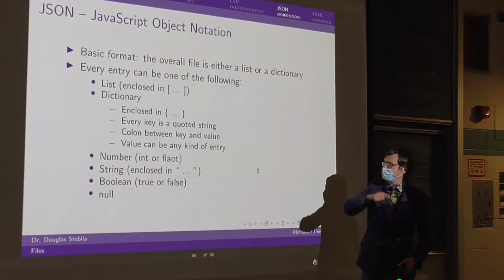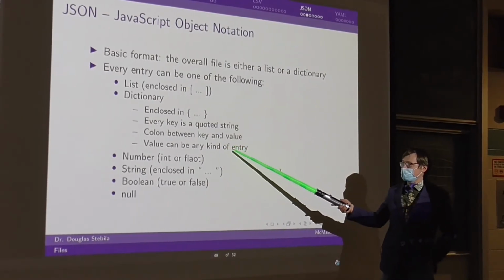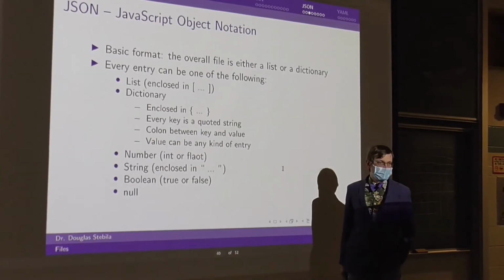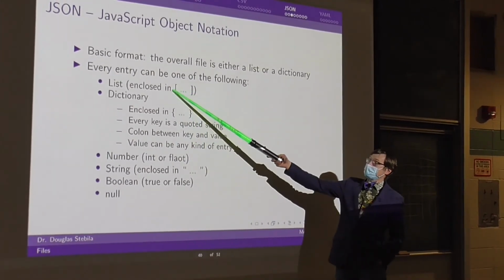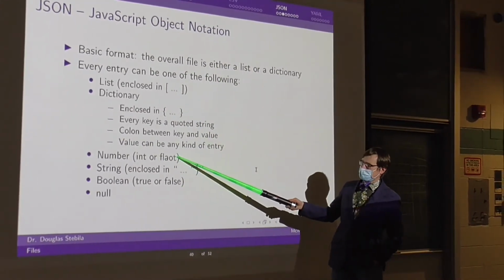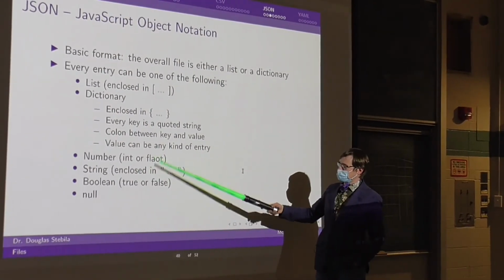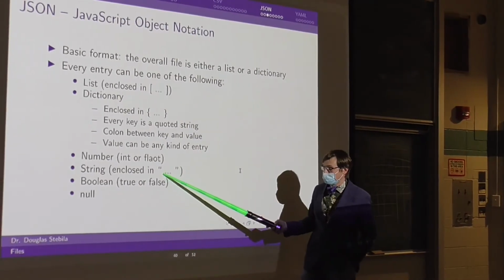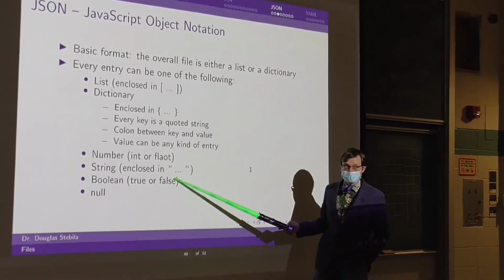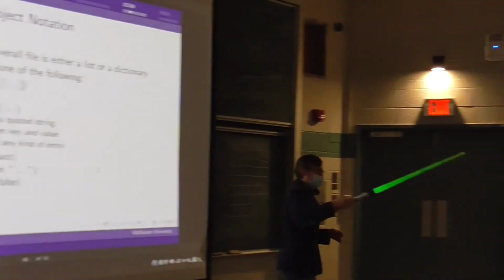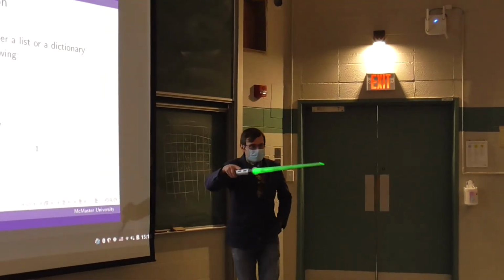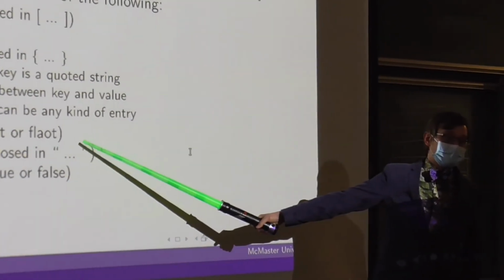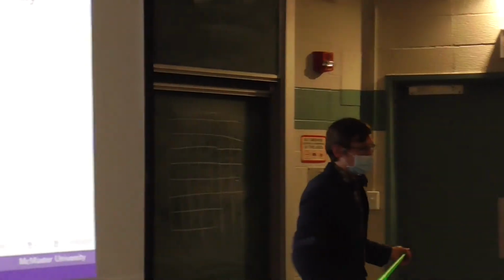Then the value. The value can be any kind of entry, so it's list, dictionary, number, string, boolean, or null. Aside from lists and dictionaries, each entry can also be a number, int or float. Strings are enclosed in double quotes. All of you Python programmers who've gotten lazy about single versus double quotes: not everybody recognizes that there's no distinction, because there is a distinction.